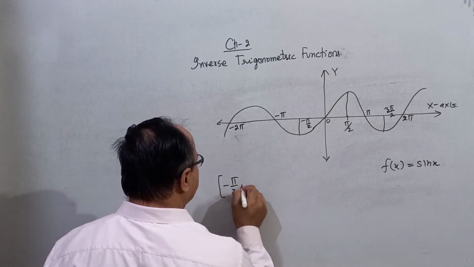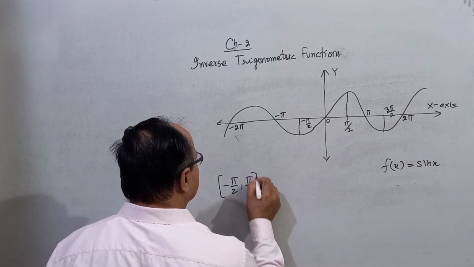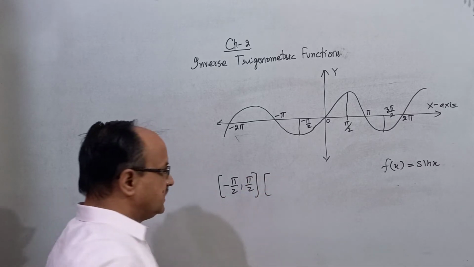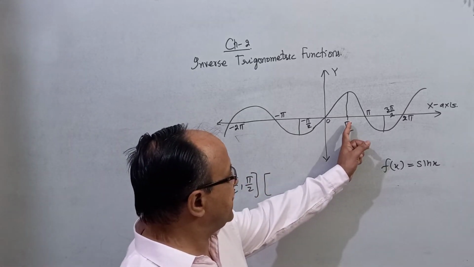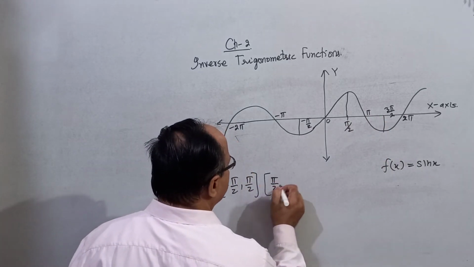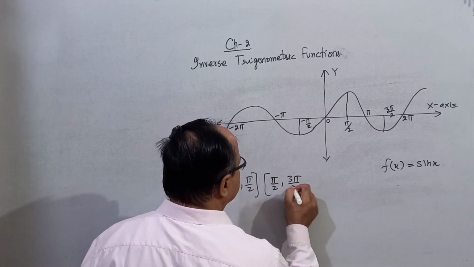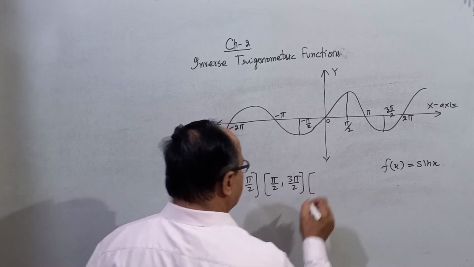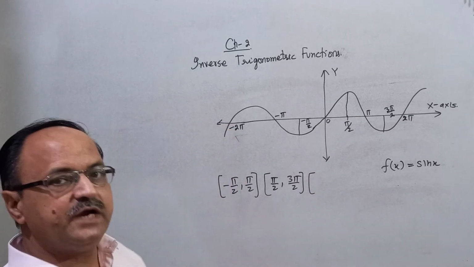Minus pi by 2 to pi by 2. When you find another branch, the other branch is pi by 2 to 3 pi by 2. It means only add pi.